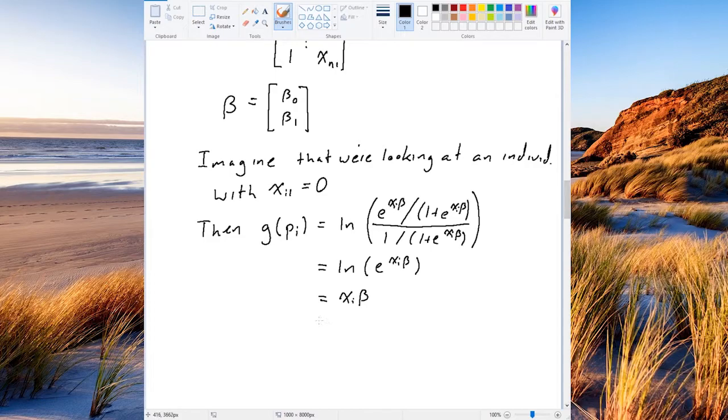And in this case, with xi1 equals 0, this is just going to be beta 0. So if I have an individual with xi1 equals 0, then that individual's g of pi, the log odds for that individual, are just going to be equal to the parameter value for the intercept term.